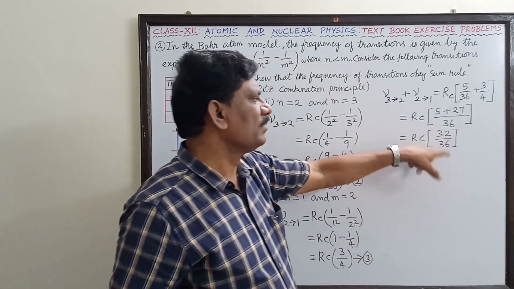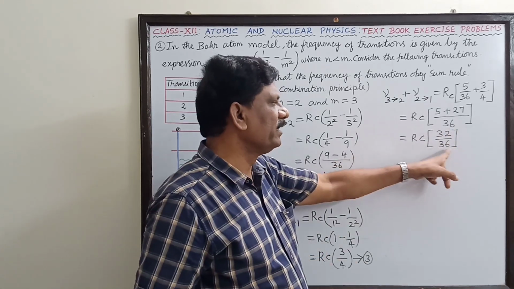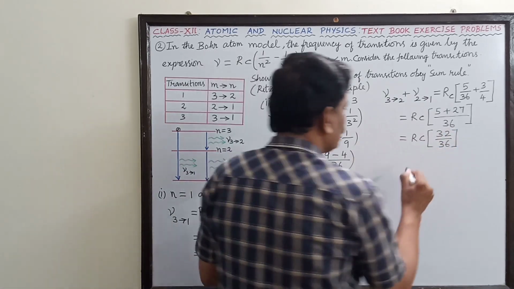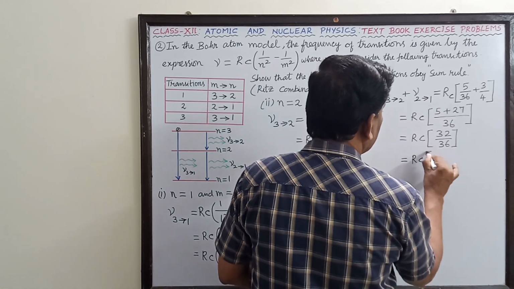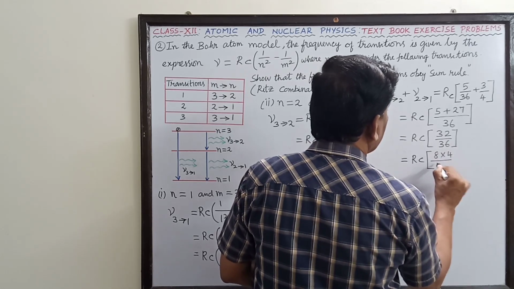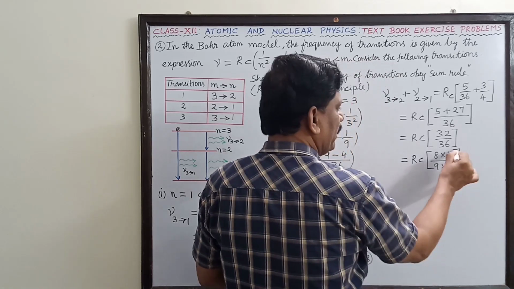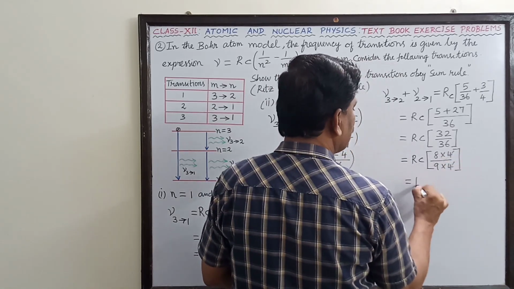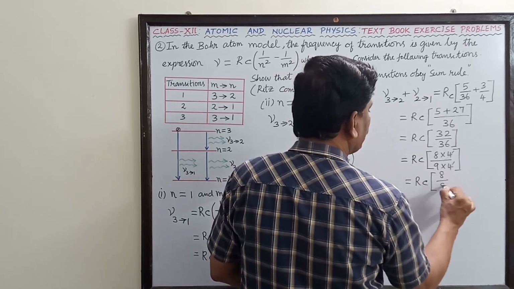Now these two numbers both are divisible by 4. 8 4s are 32, 9 4s are 36. So that 4 can be cancelled, and this is equal to RC into 8 by 9.